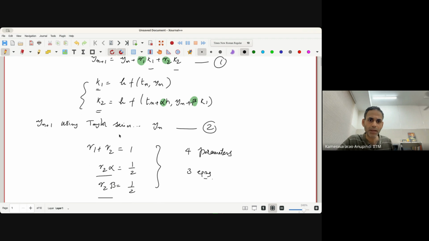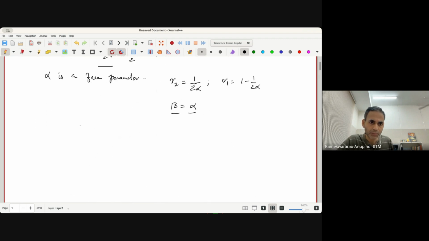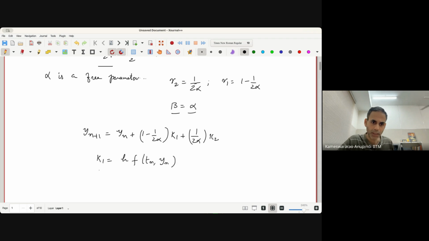That means I can write this equation as yn plus 1 equals yn plus gamma 1, that is 1 minus 1 by 2 alpha, times k1, plus gamma 2, that is 1 by 2 alpha, times k2. And k1 equals h times f of tn comma yn, and k2 equals h times f of tn plus alpha h comma yn plus beta k1. Beta k1 is the same as alpha k1.